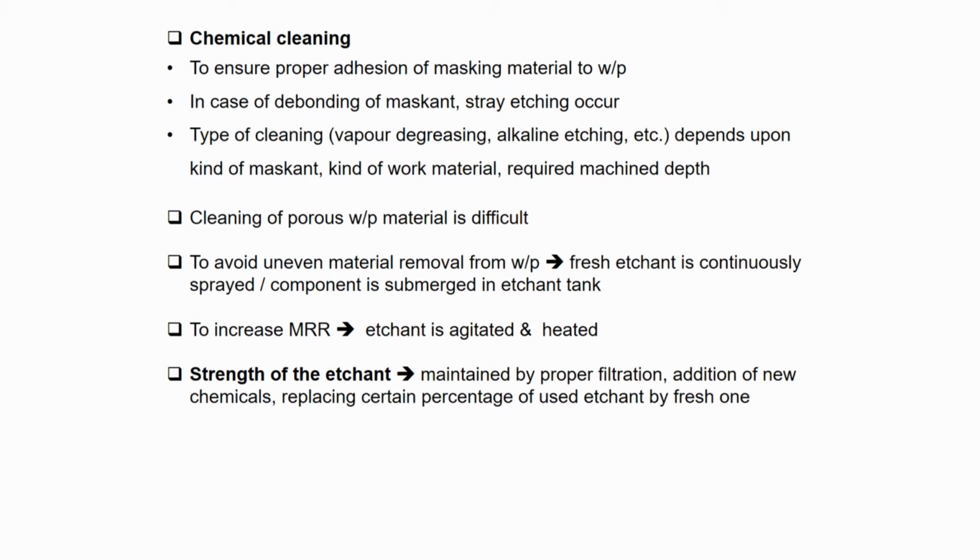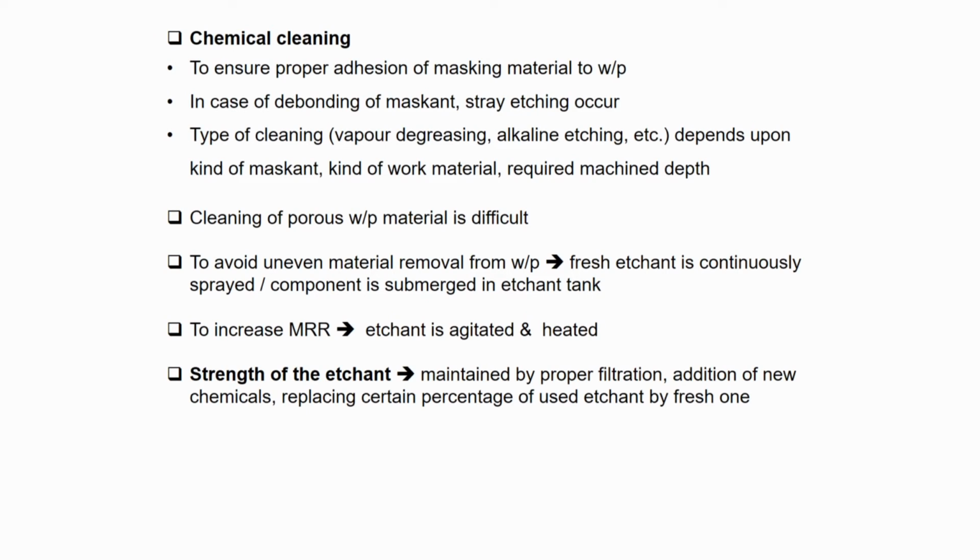During machining, to avoid uneven material removal rate, fresh etchant is continuously supplied into the etchant bath, or a certain portion of the etchant is removed from the bath and replenished with fresh etchant.